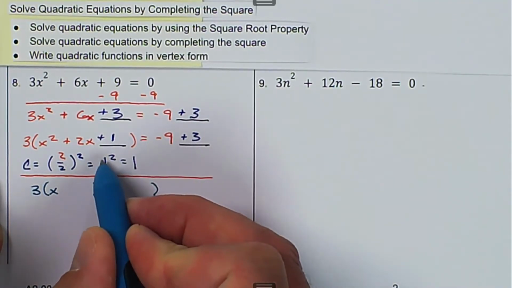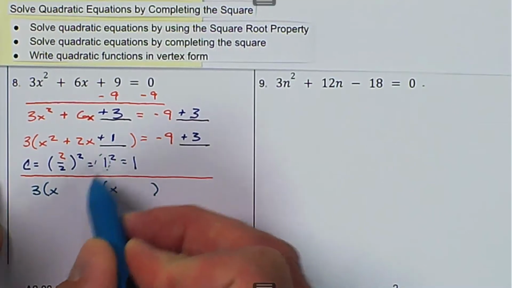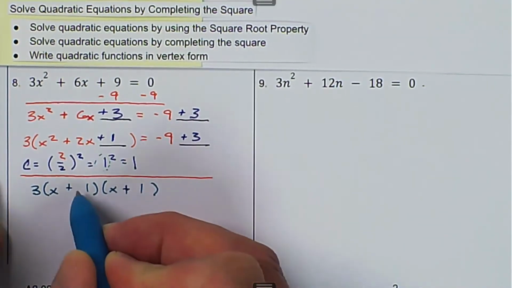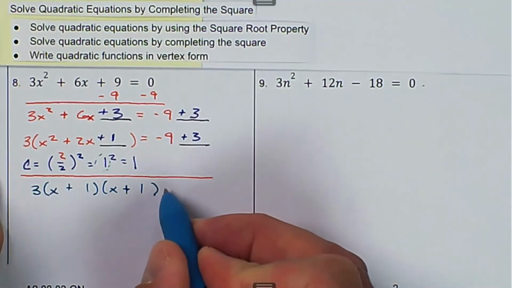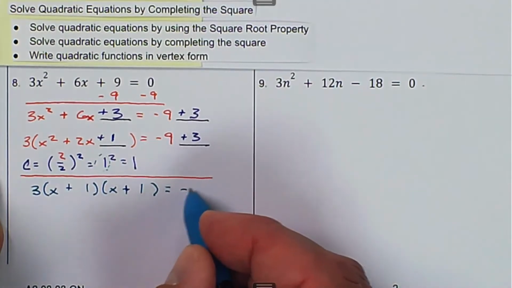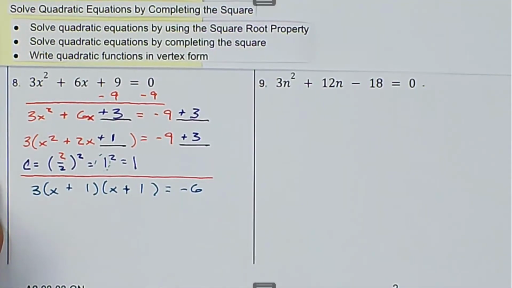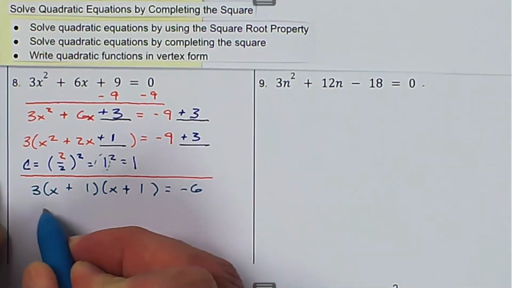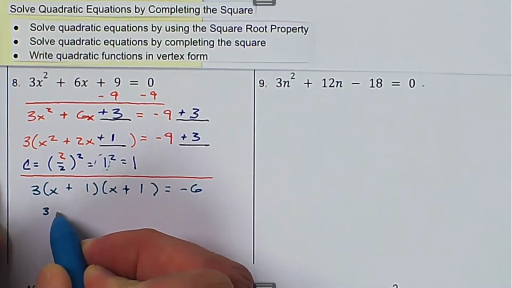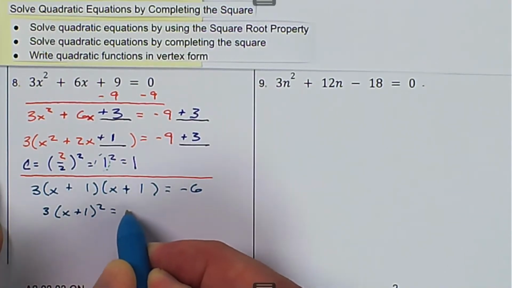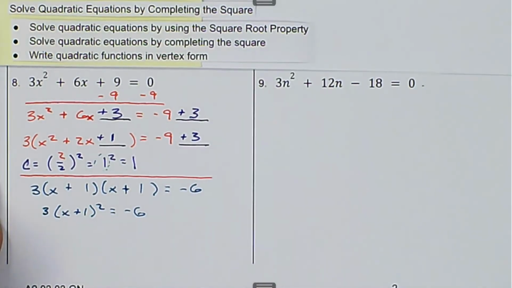And whatever value we're squaring goes into our binomial. Then we have negative 9 plus 3, which is negative 6. Now we can rewrite our binomial as a perfect square. So we get 3 times x plus 1 quantity squared, and that's equal to negative 6.